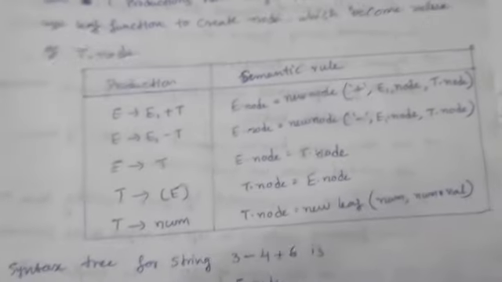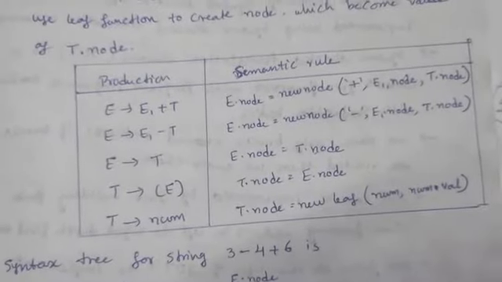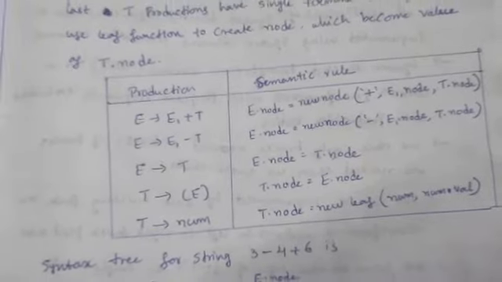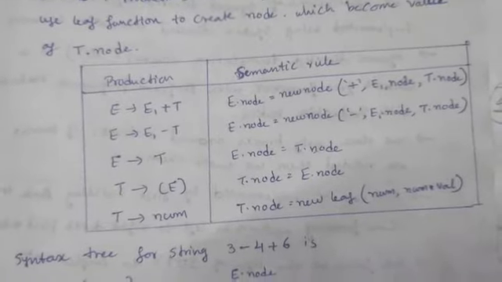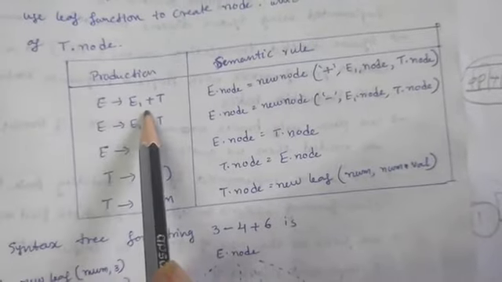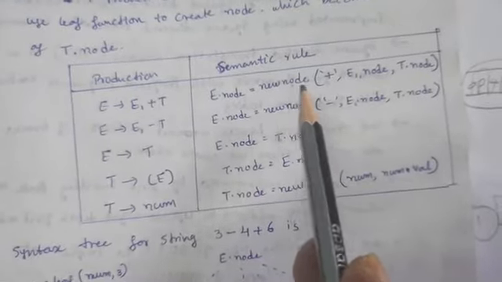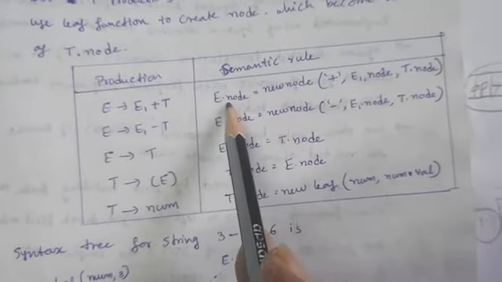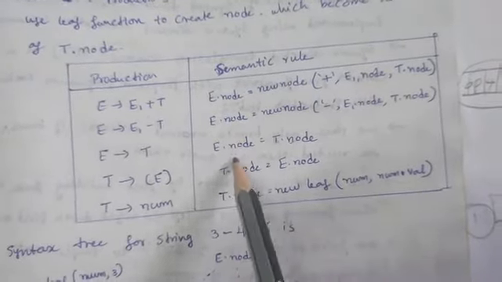So here we need to write the SDD. What is the meaning of SDD? SDD is syntax directed definition. It means you write your productions and write the semantic rules, and in those semantic rules we need to write the attribute for each non-terminal.